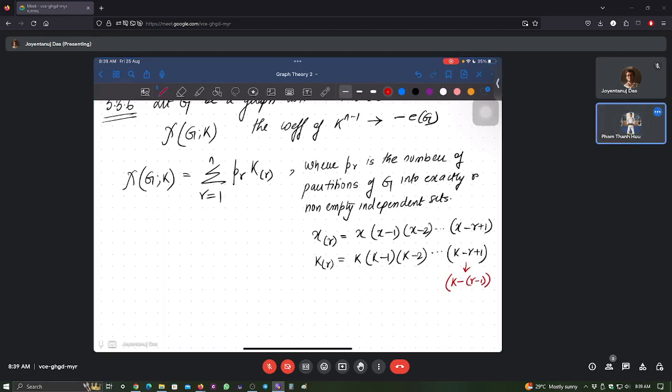So this is the decreasing factorial, you can say. The usual factorial notation is increasing, from 1 up to k. So it is k factorial, but some terms are missing, meaning the remaining terms down to 1 are missing. That is k minus 1, k minus 2 up to k minus r minus 1. So this is the formula, or the notation.